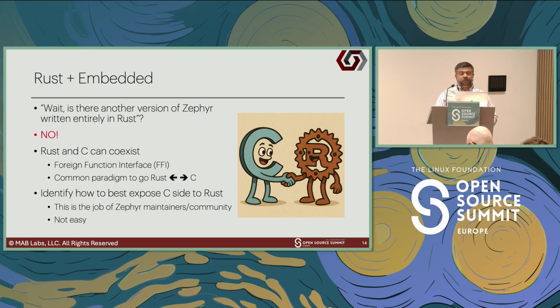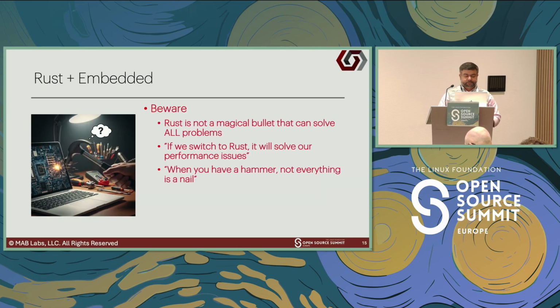How do you figure out where to draw that line? This is the job of the community and the maintainers, and that's not an easy problem to solve. You have to think about not only the technical details, but in general how people are going to be using Rust with Zephyr, to make sensible decisions.